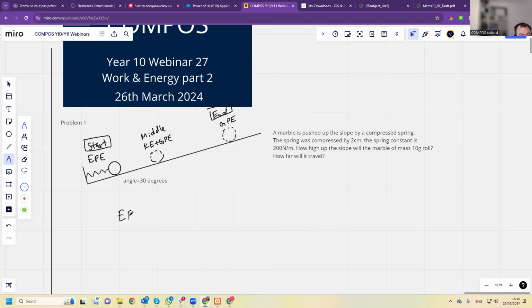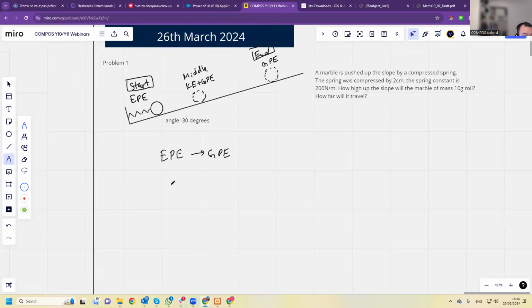So we have elastic potential energy going into gravitational potential energy. The elastic potential energy is 1/2 kx squared, where x is the extension, and that's equal to mgh. From here, we can work out the height at which it will roll. So h is kx squared divided by 2mg.